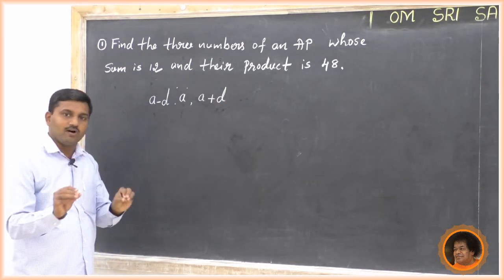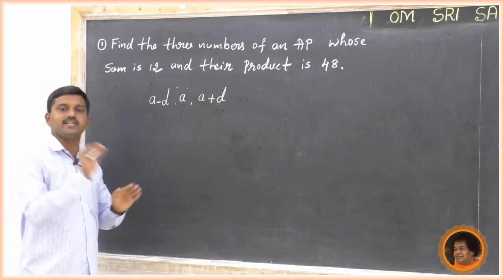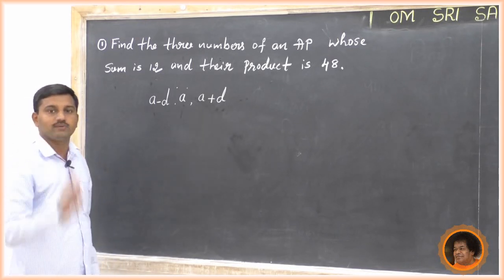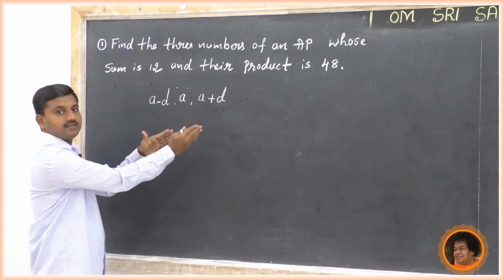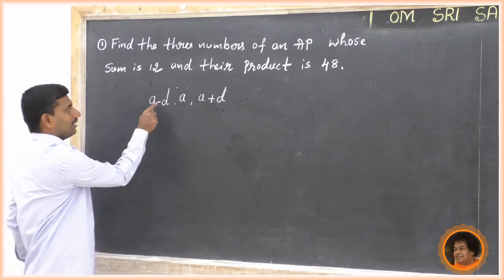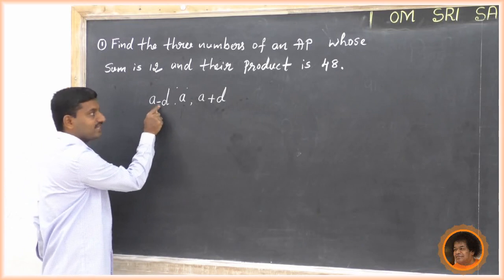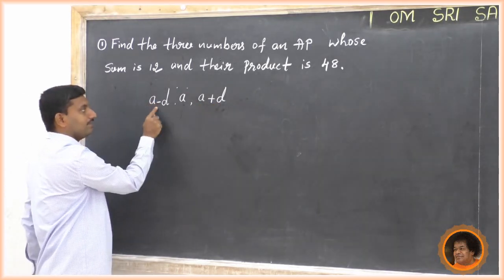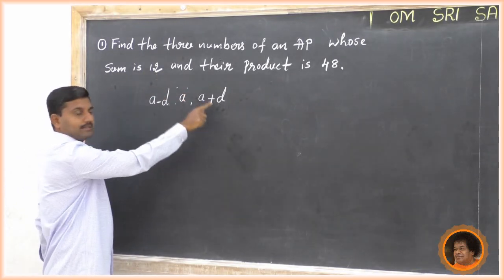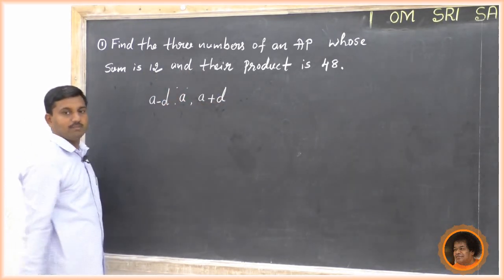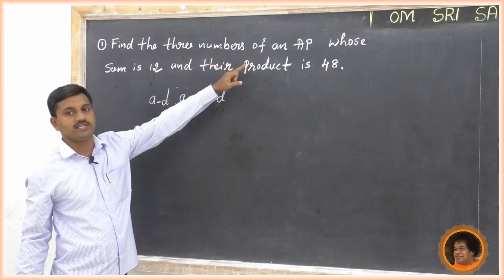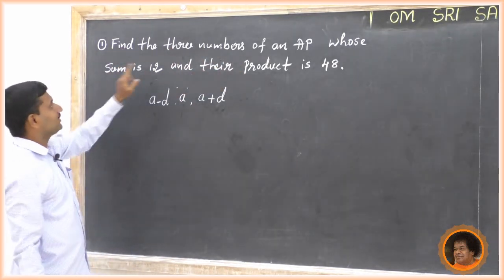Normally the general form is a, a plus d, a plus 2d, and so on. To eliminate one of the variables, either a or d, we use opposite signs, minus d here and plus d there. So we consider a minus d, a, a plus d as the 3 numbers. Now, going through the question: find the 3 numbers of an AP whose sum is 12.